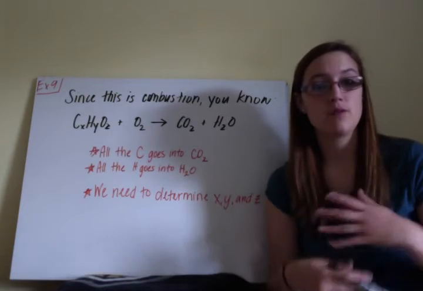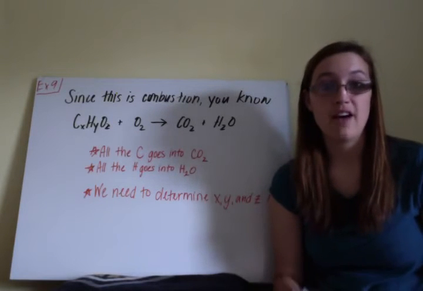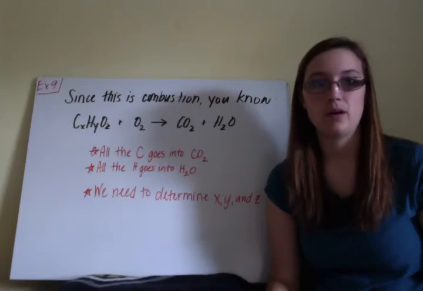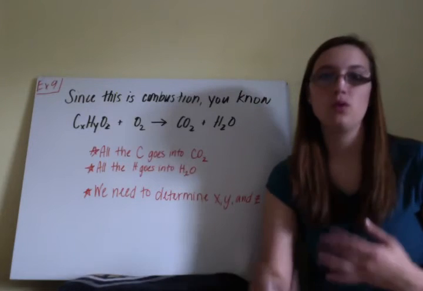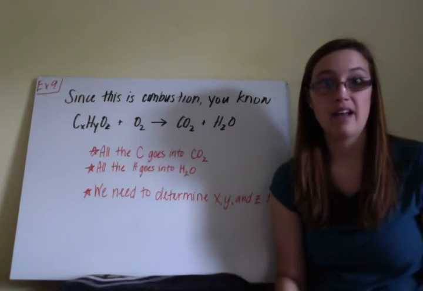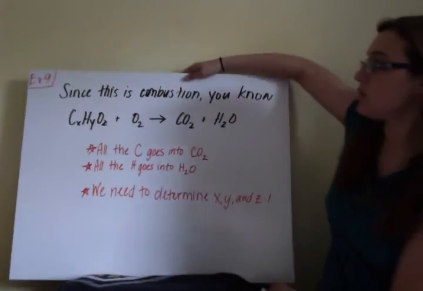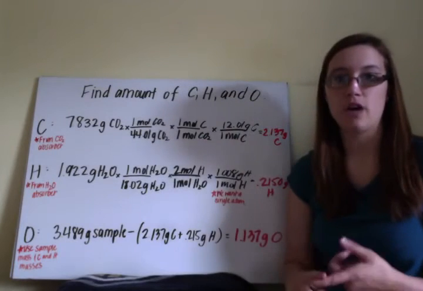Okay, so that's the first thing we're going to do, use some stoichiometry. And then once we have our carbon, our hydrogen, and our oxygen, it's just like an empirical formula problem, right? Because then we have the masses, we go to moles, find the ratios, and that's going to be the combustion analysis problem.